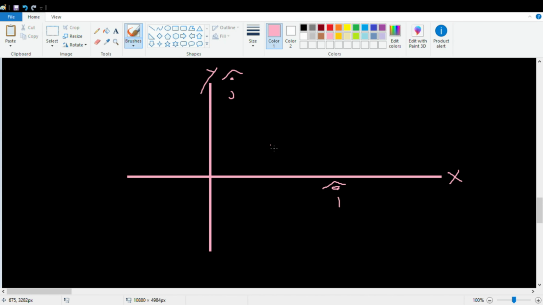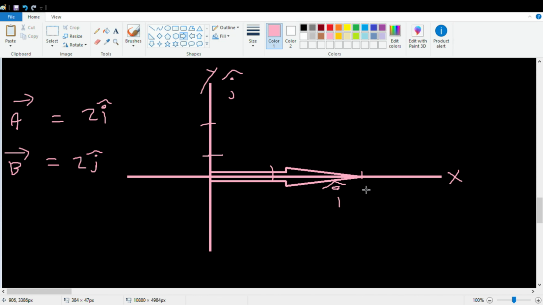So let's say A is 2i, and vector B is 2j, my bad, everybody. So look at this. This is going to be vector A, and this is going to be vector B.